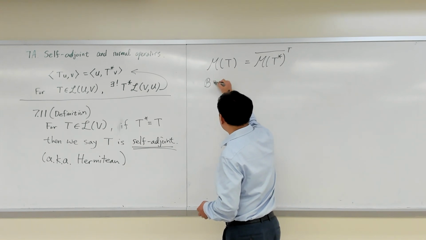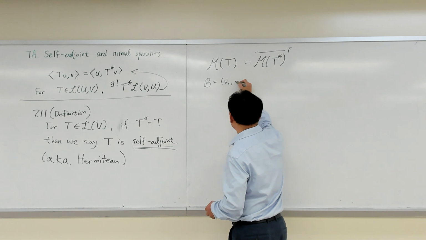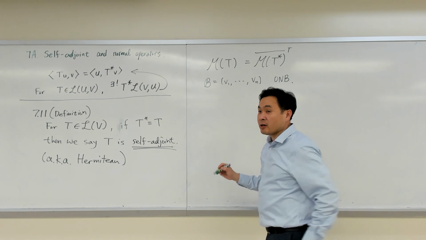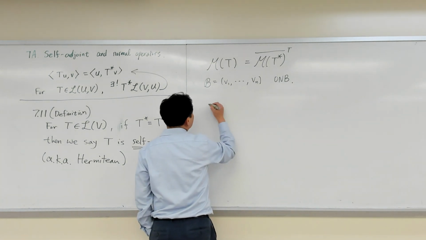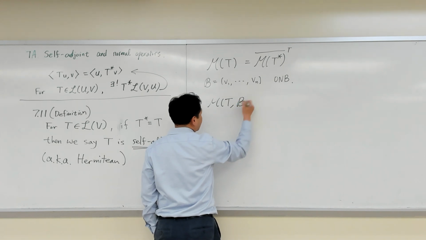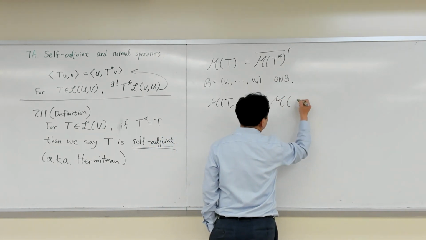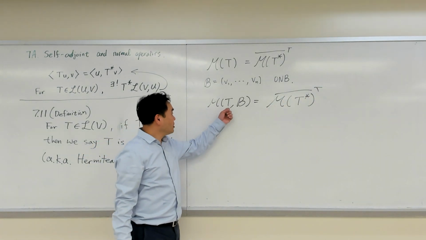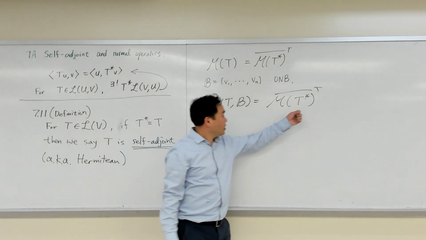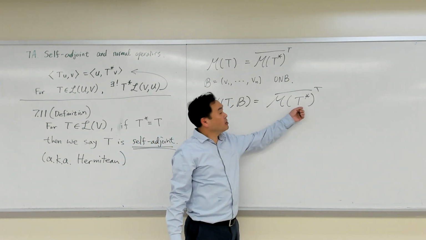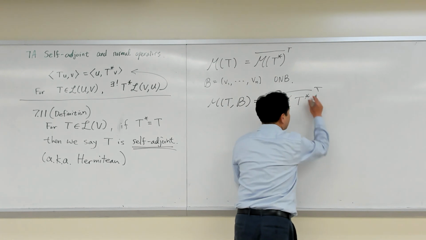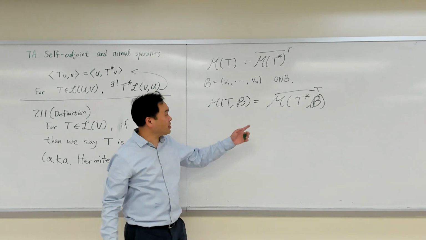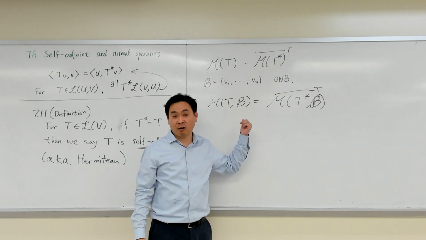You have some basis, and this is orthonormal. And under that basis, the matrix of the original operator and the matrix of the adjoint have the relationship that one is the conjugate transpose of the other, okay?